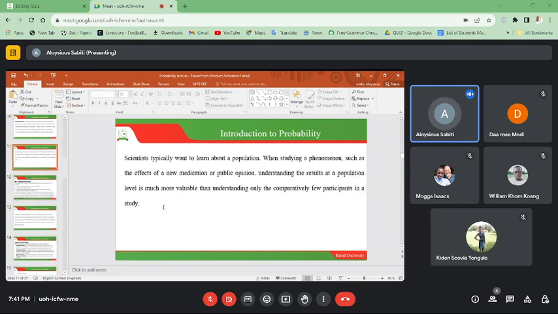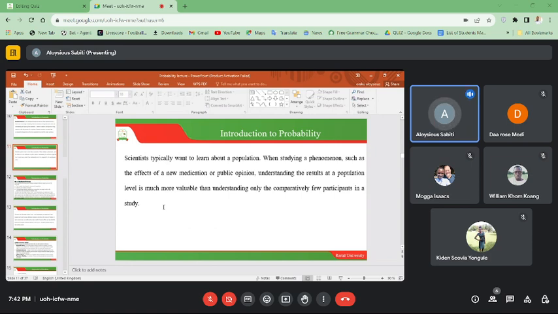In regard to your observation, scientists typically want to learn about a population. When studying a phenomenon, for example, we want to look at the effect of a new medicine, or we want to understand the public opinion, or the results at a population level. For example, let's say we have the COVID vaccination that has been carried out in a particular population.